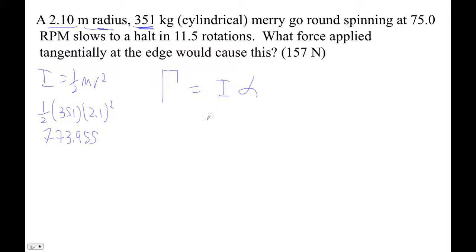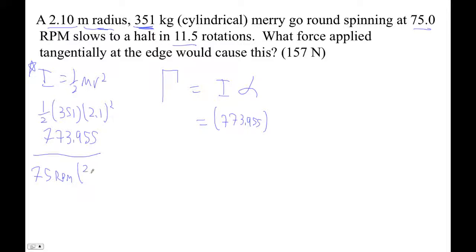Okay, so now we've got equals. Okay, it slows to a halt. So it's spinning, it slows to a halt in so many rotations. So it seems like we've got a SUVAT problem there. Okay, but before we can do that, we've got to deal with RPMs, right? So I'm going to go 75 RPM.